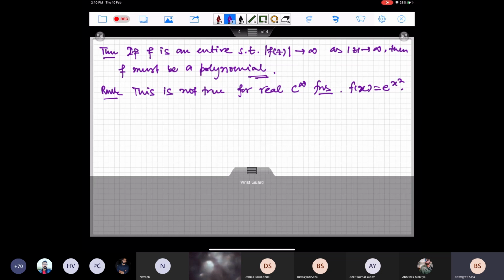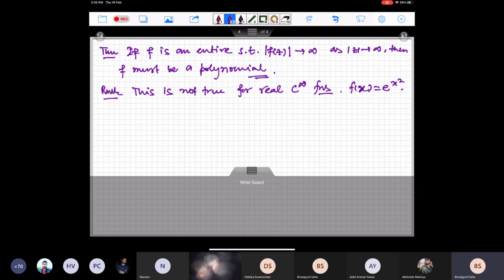Okay, so when I just look here at the real line, it does not give us the full picture. Okay, so here this function goes to infinity in absolute value. Anyway, this function is positive when I look only at the real line. So this function goes to infinity as mod of x tends to infinity.